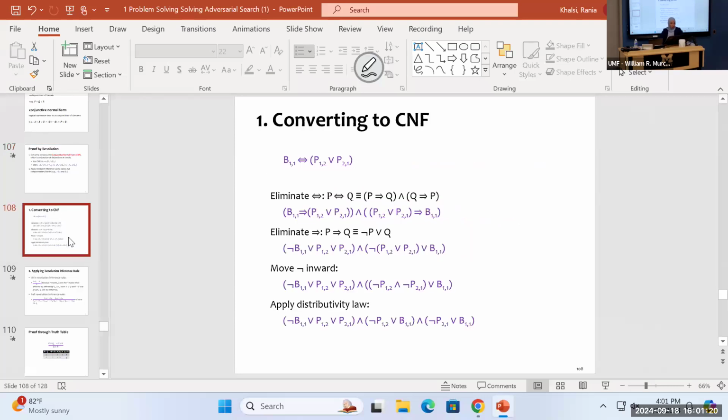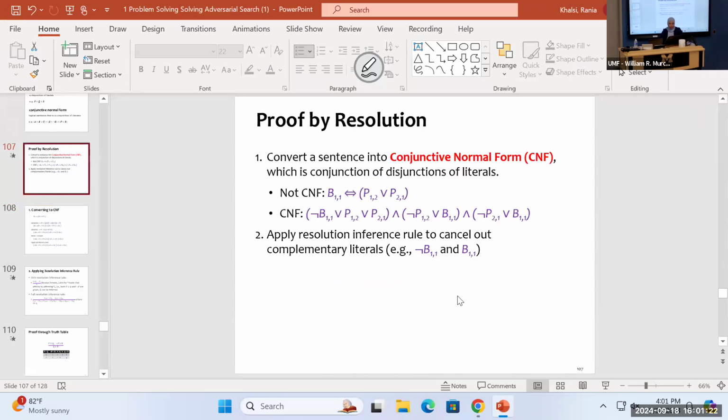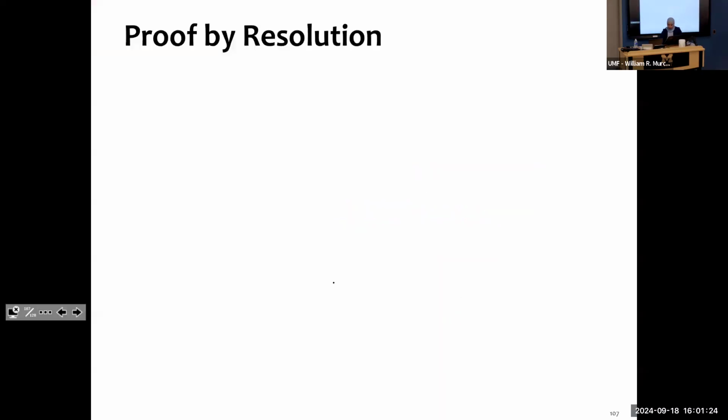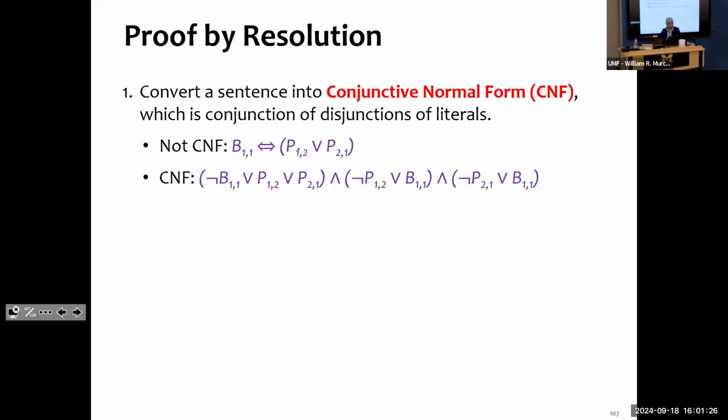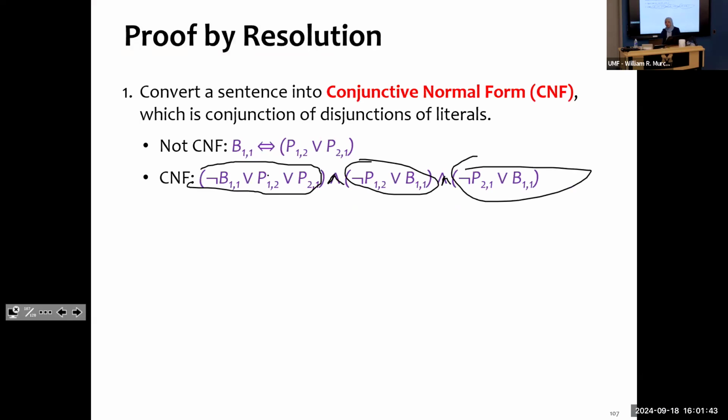Okay? So what we have now, we are able to move from this typical form with biconditional to somewhere where we only have boxes that are connected via these ands. Inside the boxes, we only have ors, and there could be negations as well. It's not a problem.